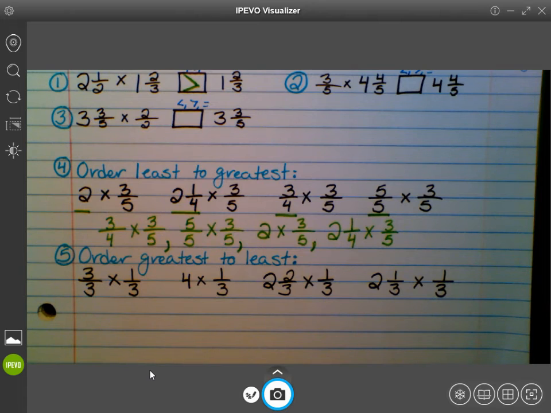Keep in mind, for number 5, you're doing the opposite. Your order is greatest to least, the largest to smallest.